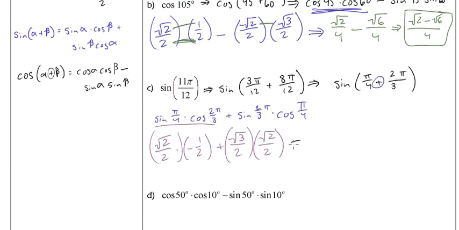Multiplying it all out, we have negative square root of 2 over 4, plus square root of 6 over 4, giving us negative square root of 2 plus square root of 6, all over 4.